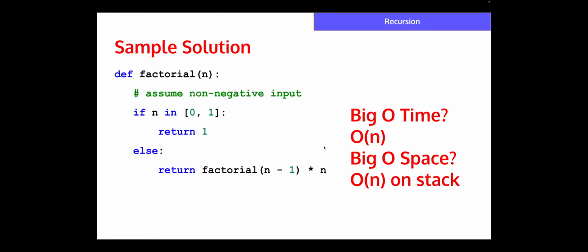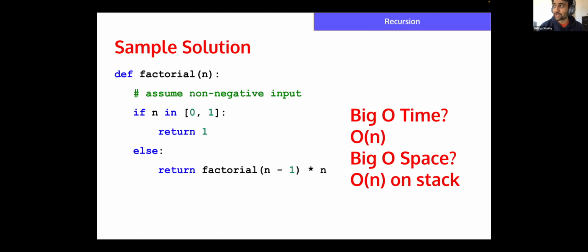So what this actually turns out to be is it's linear for both time and space complexity. The reason that it is linear for both is there is just a single operation for each positive integer.